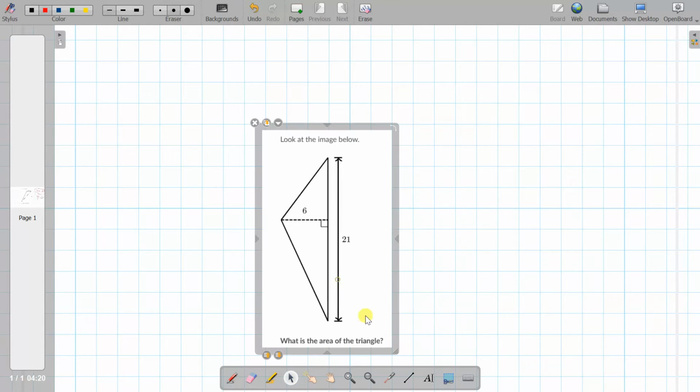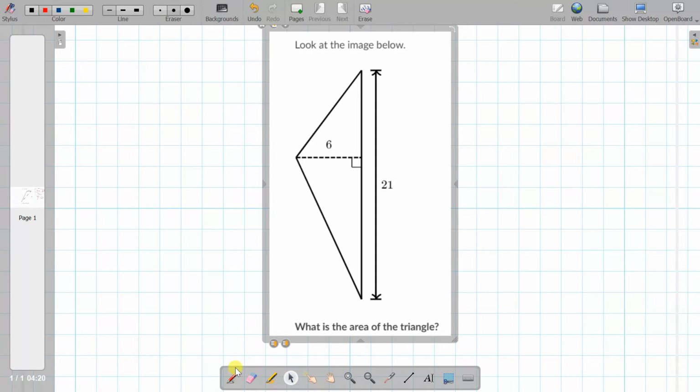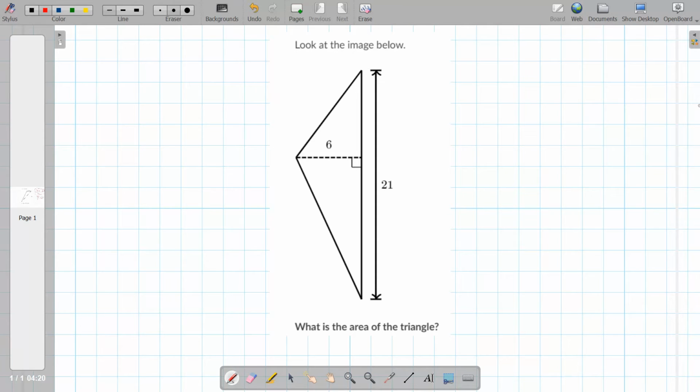Look at the image below. What is the area of the triangle? Okay, so we see that we have an acute triangle because all of the angles of this triangle are less than 90 degrees and the base is 21 and the height is 6.